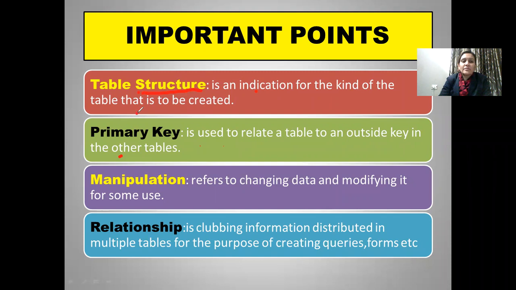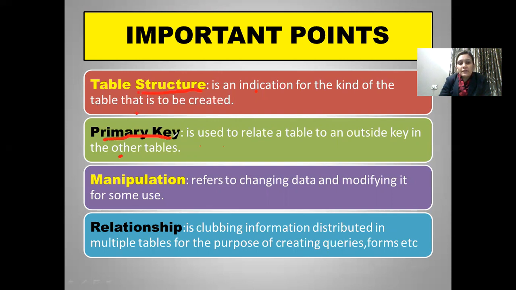That means what is the view of the table, how we are creating that table, is it created with the help of design view or in the pivot view, and what is the information that is required by the organization for creating that table.